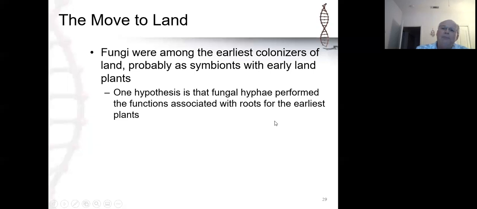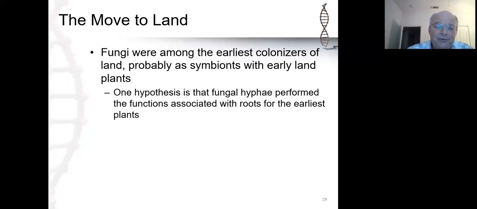When did fungi become colonizers of land? Probably at the same time as the early members of the plant kingdom, or the early ancestors of the plant kingdom, also began the colonization of land. Bear in mind that the most basal groups of the plant kingdom today, the bryophytes, lack vascular tissue and therefore don't have roots, don't have shoots, don't have leaves as we recognize them, because you have to have vascular tissue for that.